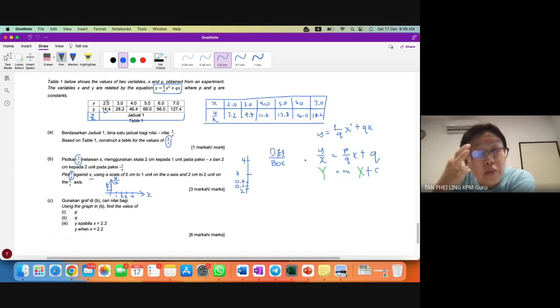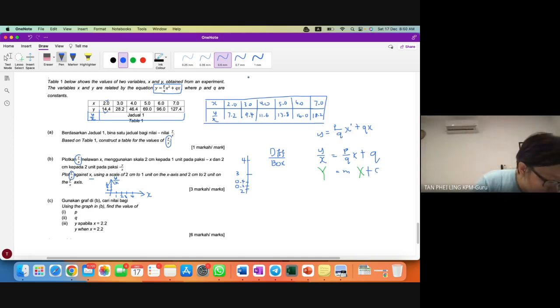As you adjust, you will somehow come to, let's say, this point that is on the graph. Let's say we have 4.